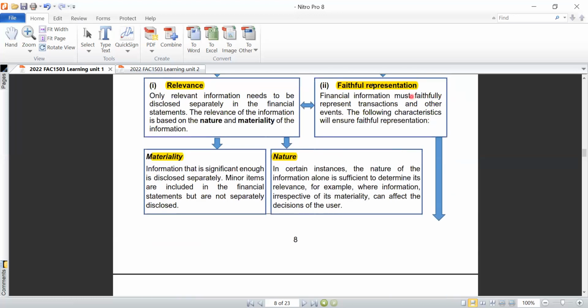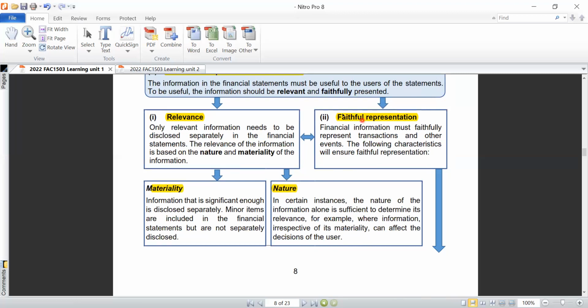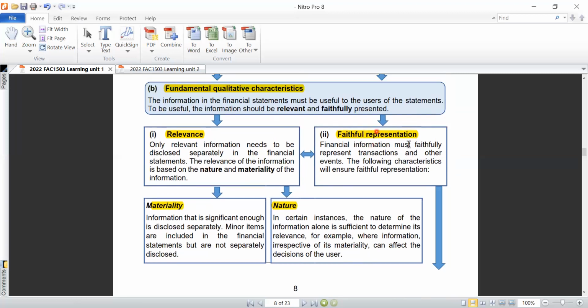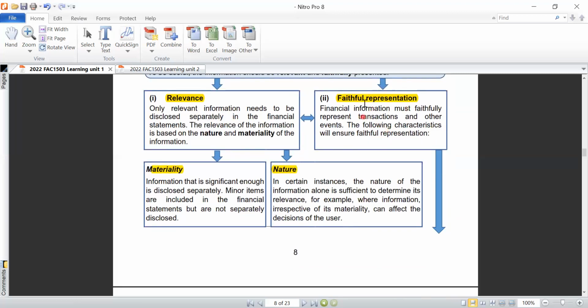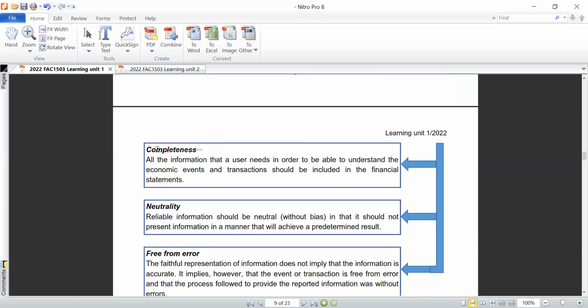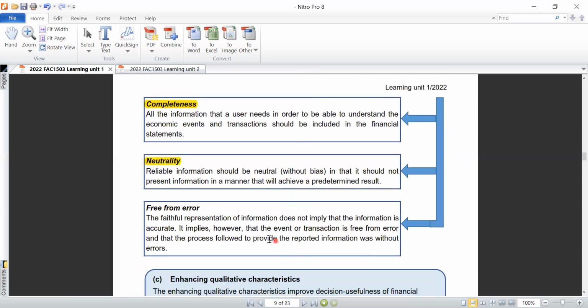Completeness. Notice completeness is coming out of faithful presentation. With faithful presentation, we can only know that the information is truthful if, number one, the information presented is complete; if the information is neutral, meaning there are no bias elements that we can identify from it; and also if the information conveyed is free from error.